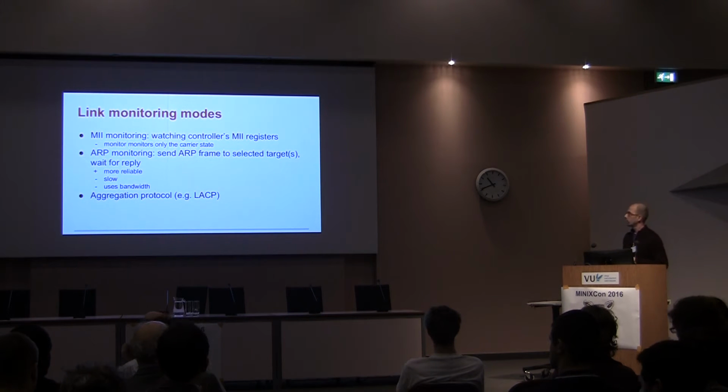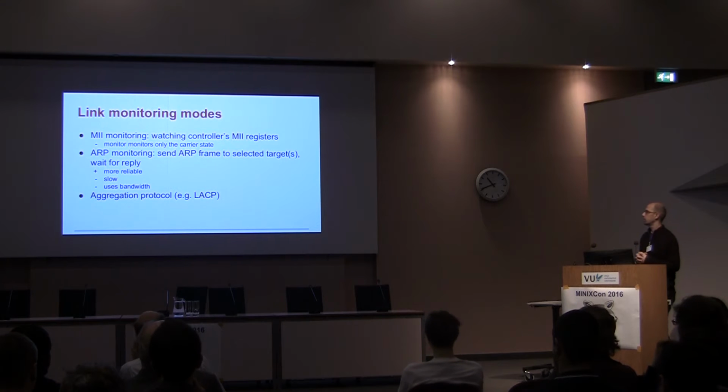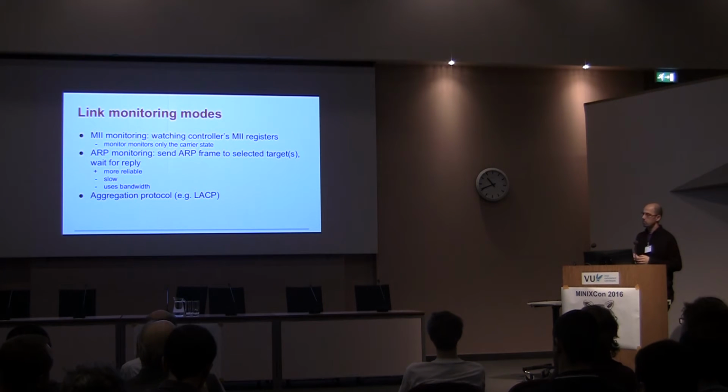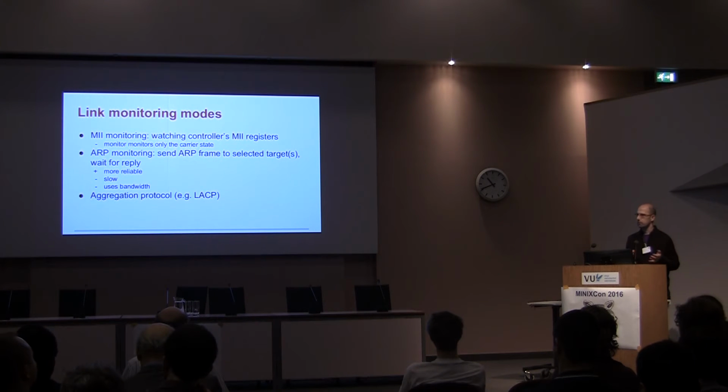However, there is also a way of monitoring called ARP monitoring, which just sends some ARP request frames to certain IP targets, asking what the physical address for this IP is, and if it exists, then the link works, presumably.